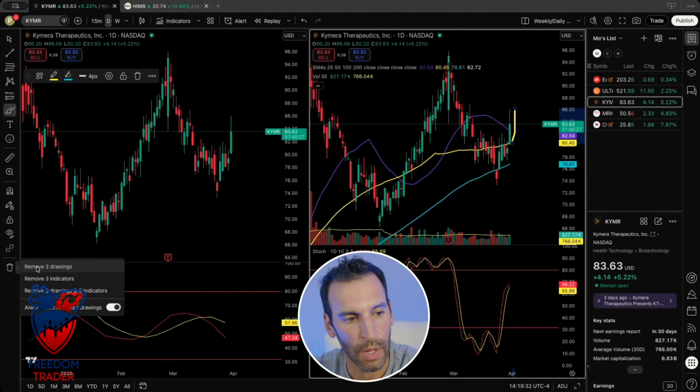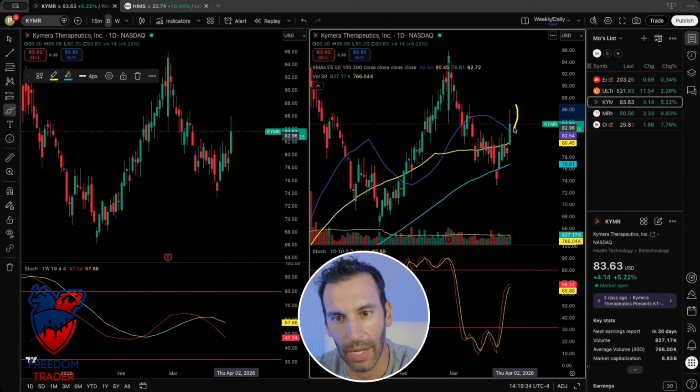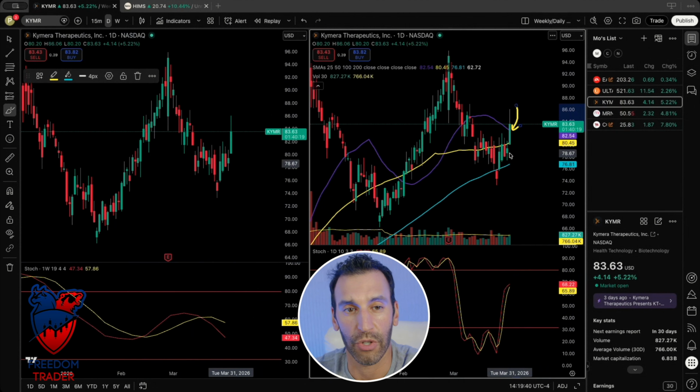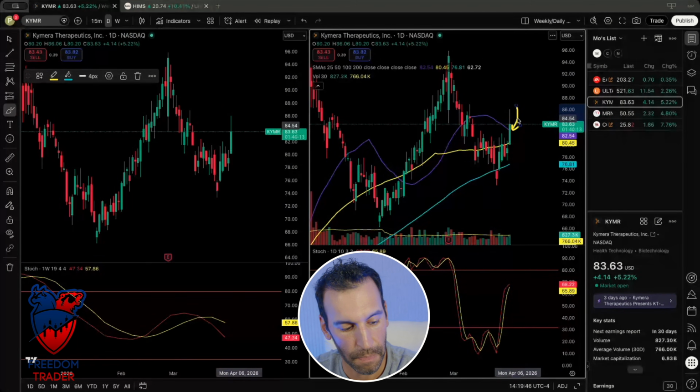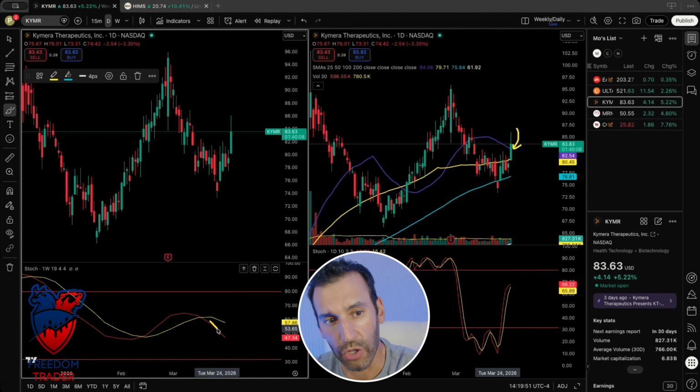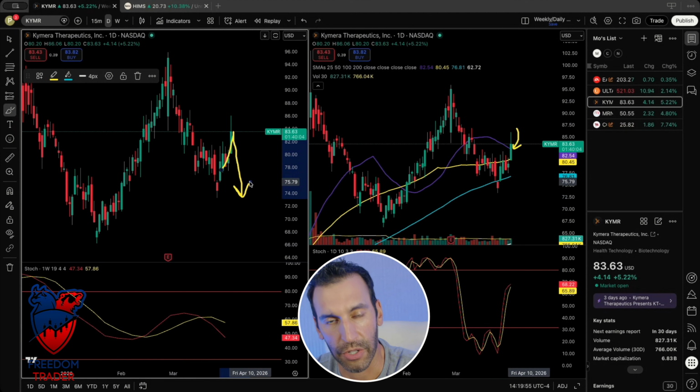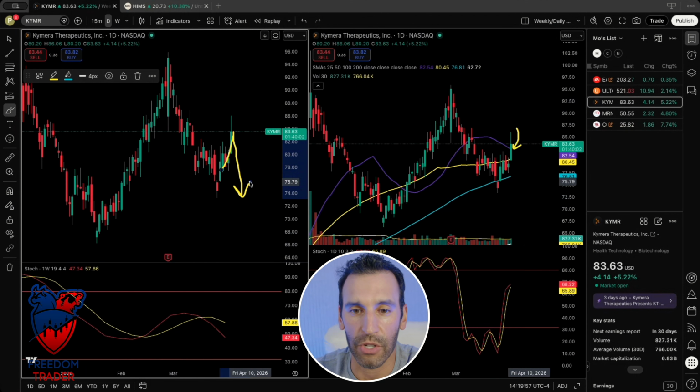We know that stocks want to get sucked back to these moving averages: the purple line, the yellow line, the turquoise line, and eventually the white line. Stocks want to be on top of these moving averages. Therefore, we need to know that we can be going short. This could be nothing but a little snapback, and then the stock price comes crashing down on us. Now, that's an ideal situation, but these are the types of scenarios that we look for.